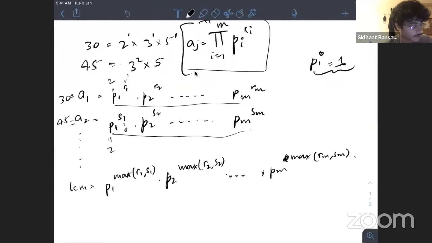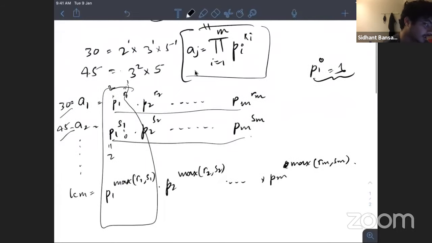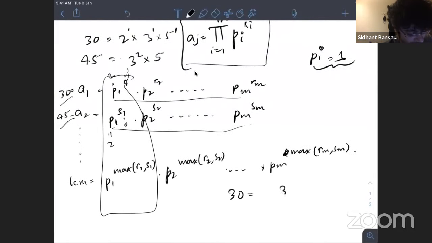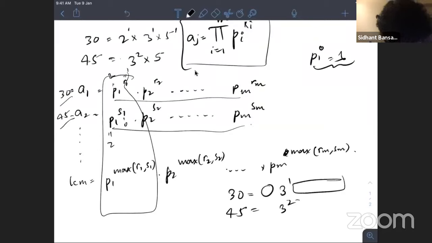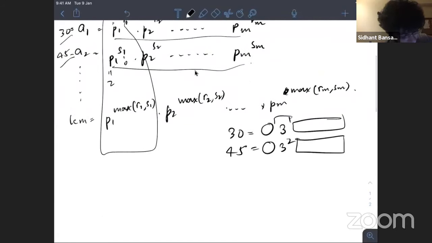The intuition being that you can think of each prime number individually. So instead of thinking 30 and 45, start thinking in this way. 30 has how many threes? It has 3 to the 1. 45 has 3 squared, right? And all the other prime numbers are completely independent problems. So you only care about this problem for now.